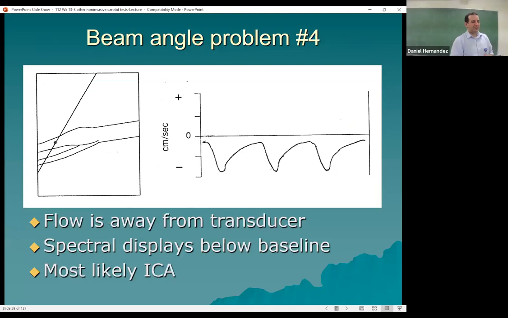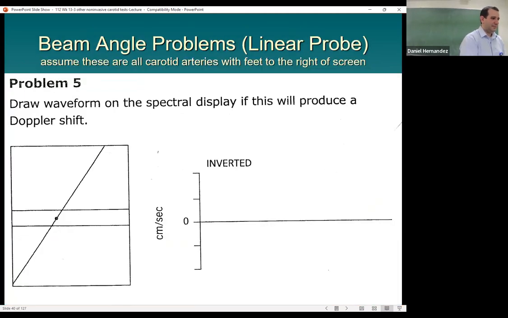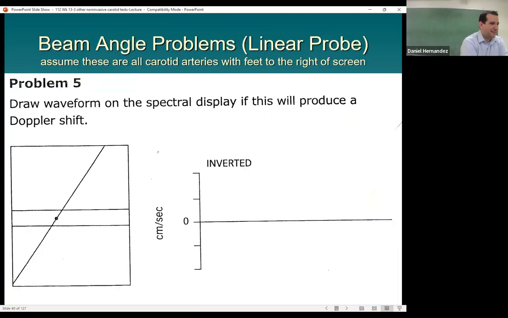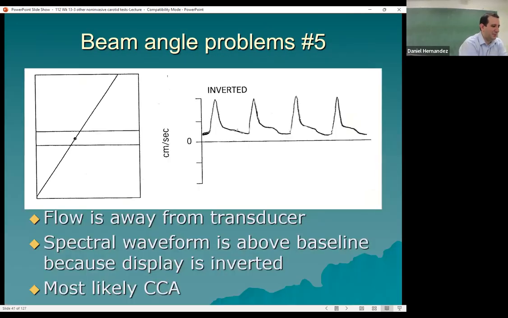So it's going to be below the baseline, good. Inverted. So if we're inverted, normally negative would be below the baseline, but we're inverted, so it's above the baseline.